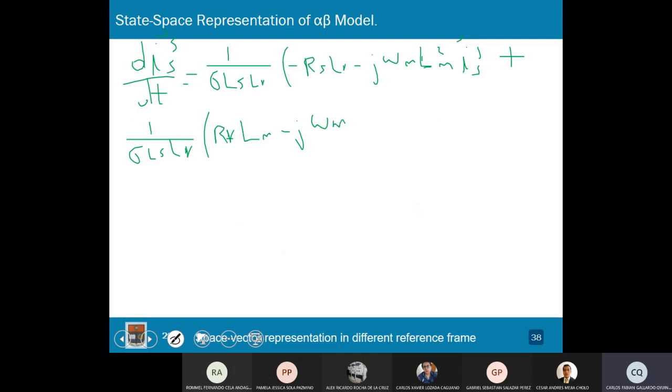This is the mechanical speed, magnetizing inductance, rotor inductance, times the rotor current space vector, plus 1 over the stator inductance, the rotor inductance, times the rotor inductance.